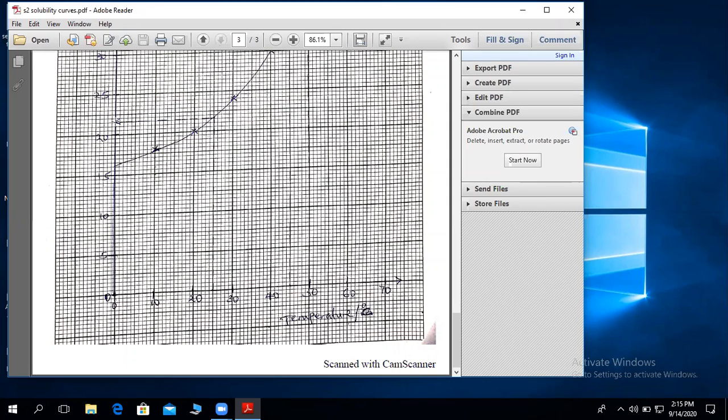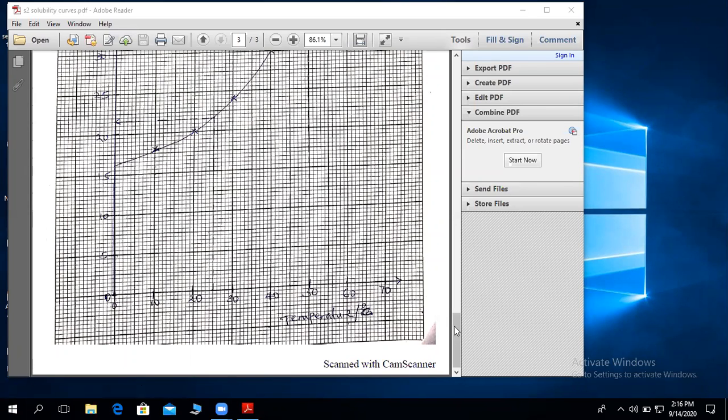I will read that answer from the graph, and that will be the solubility of salt P at 25 degrees centigrade. There. Everyone can do that. Anyone can do that.